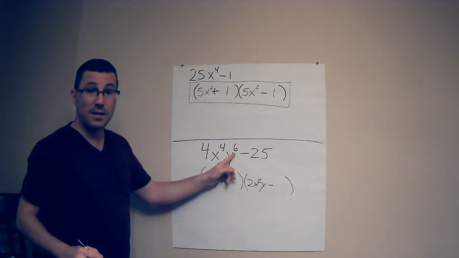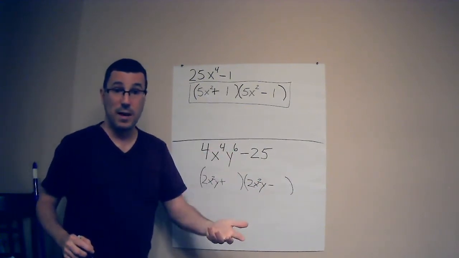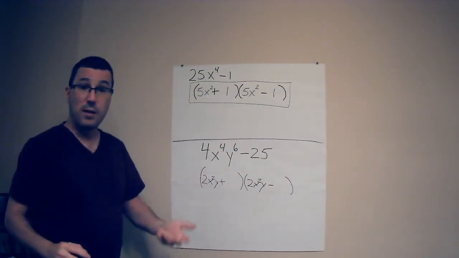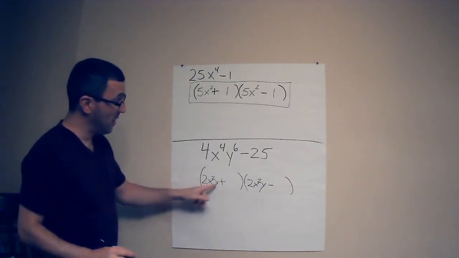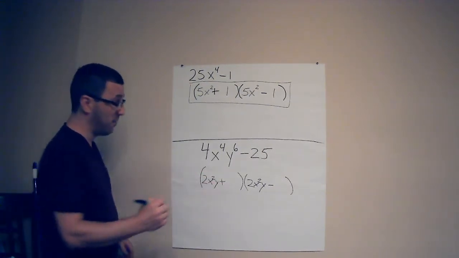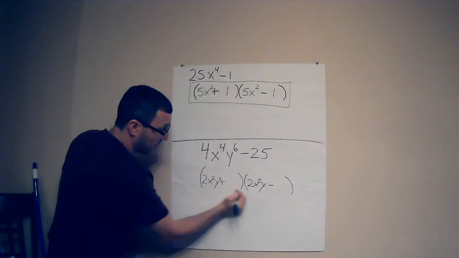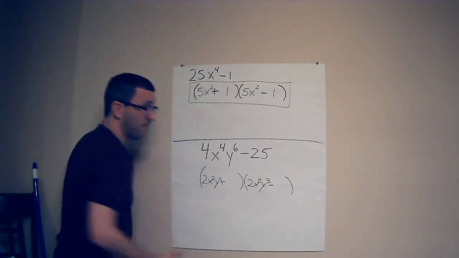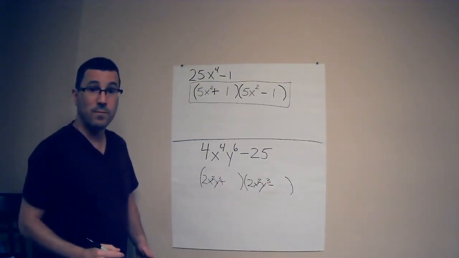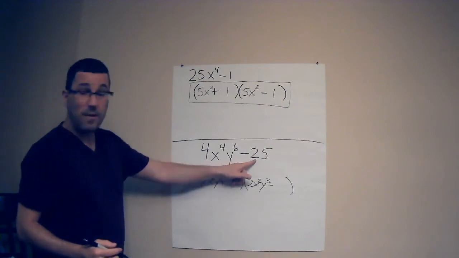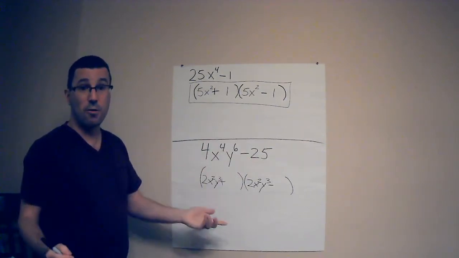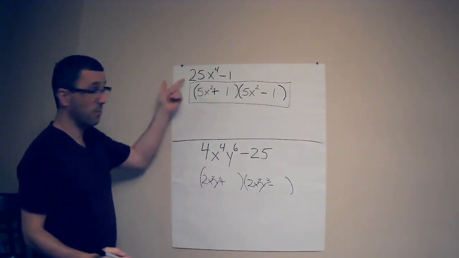Now I have a 6. 6 divided by 2 is 3. So each of my y's are going to get an exponent of 3. And that's how you do that. Finally, the 25, square root of 25. Well, as we saw up here, it's 5.